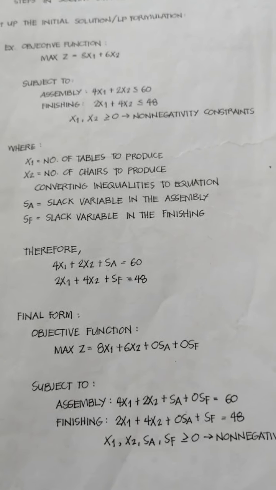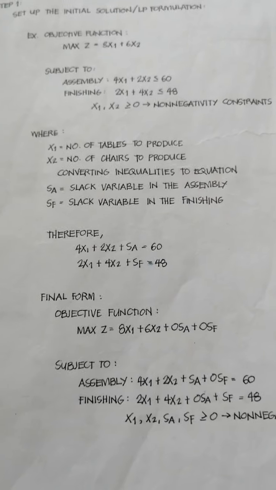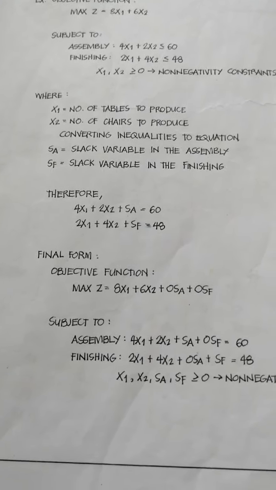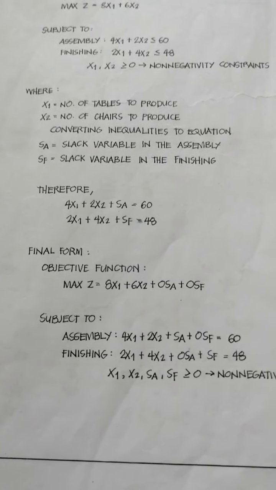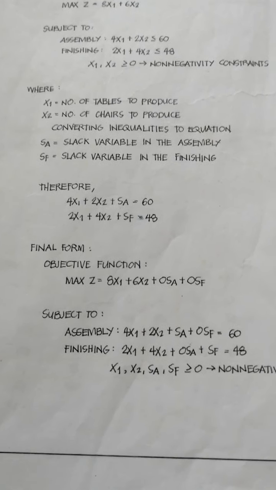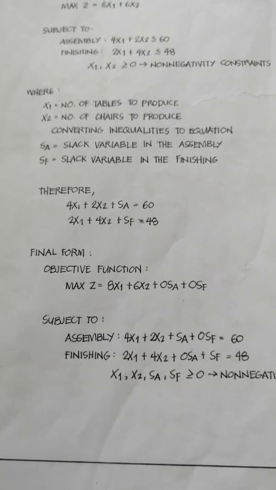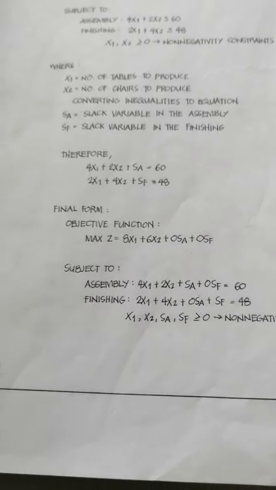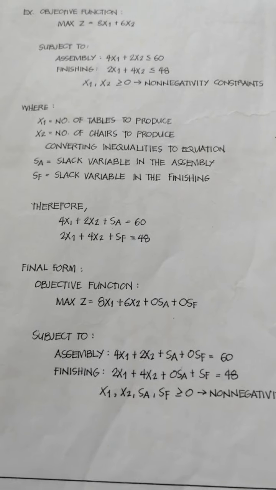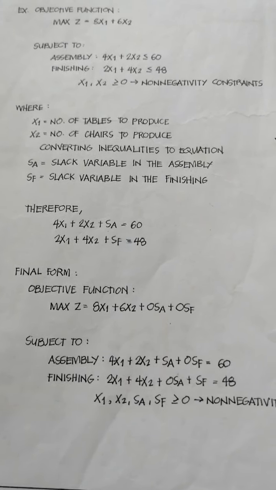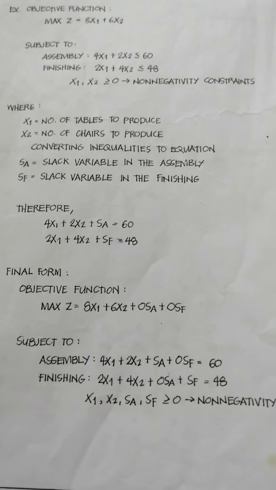Okay, so during the graphical, we only have two variables, but in simplex, we'll be introducing additional variables. So if you try to look, the sign that we have in the constraint is less than or equal to.